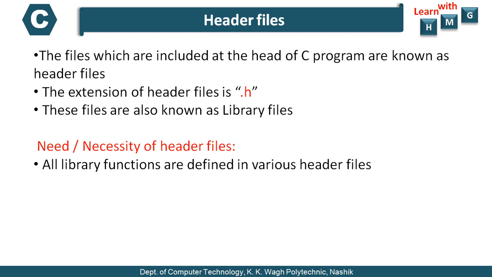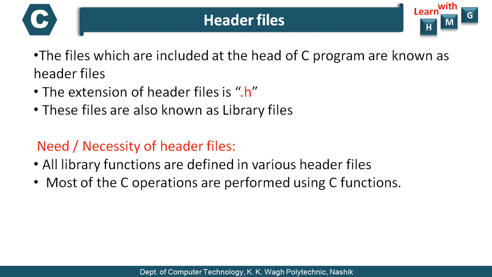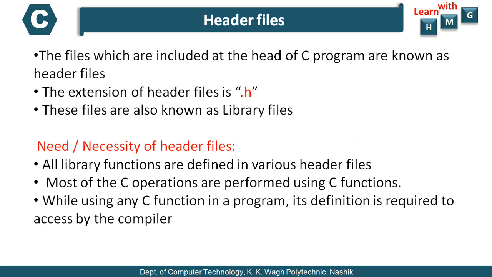For example, all mathematical functions are defined in one mathematical header file, all character type functions are defined in one character type header file, and input output functions are defined in one standard input output file, and so on. Most of the C operations are performed using C functions. So C is a function oriented language, and whenever you use these C functions in your program, their definition is required to be accessed by the compiler.